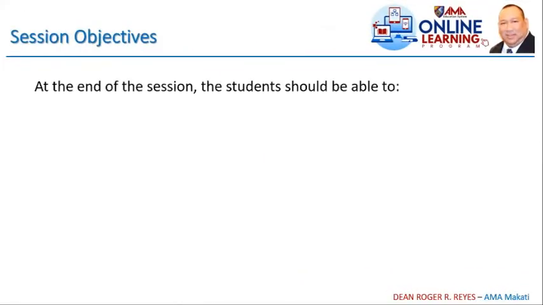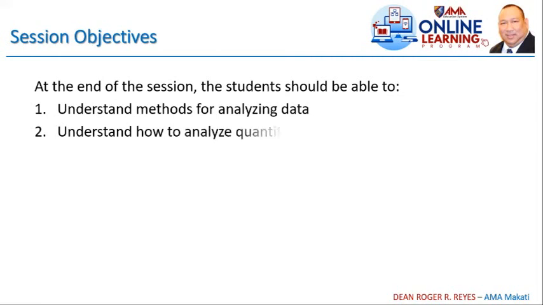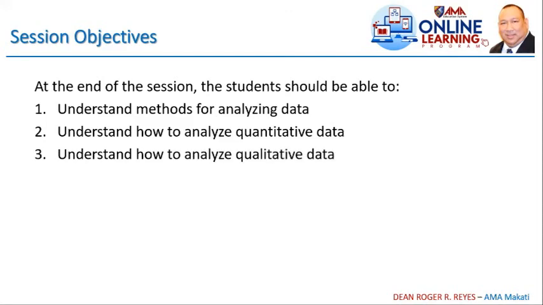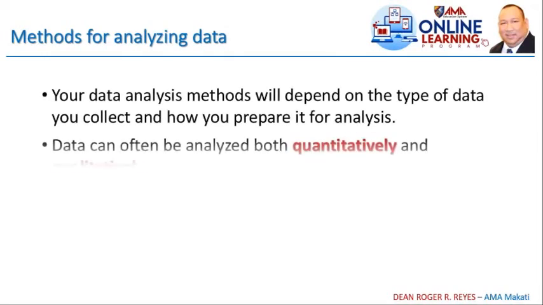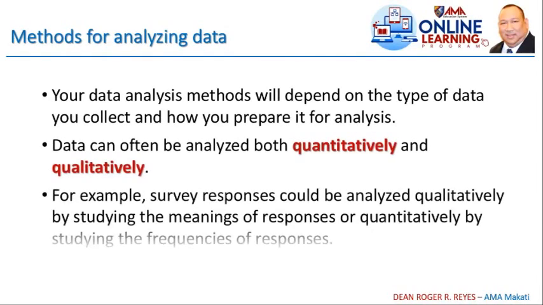At the end of the session, the student should be able to, number 1, understand methods for analyzing data. How to analyze quantitative data and understand how to analyze qualitative data. Now, your data analysis methods will depend on the type of data you collect and how you prepare it for analysis.